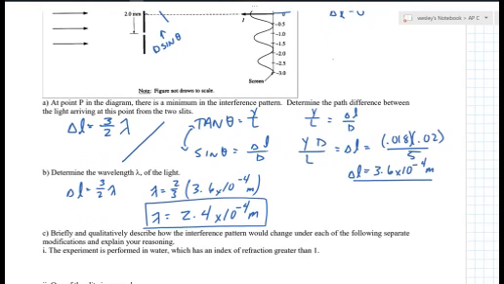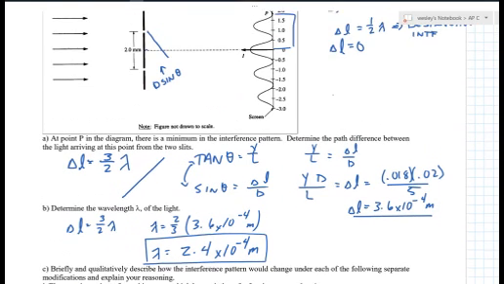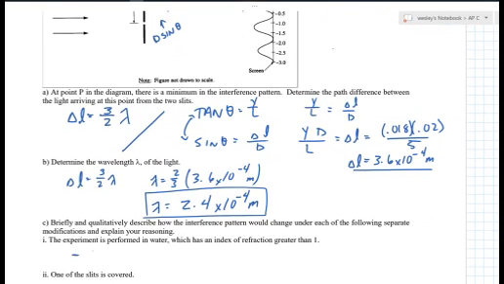Briefly describe what would happen if we performed this underwater. Water has an index of refraction greater than 1, so the velocity would decrease. All right, so the velocity goes down, which means the wavelength goes down. And if the wavelength goes down, the pattern would compress.